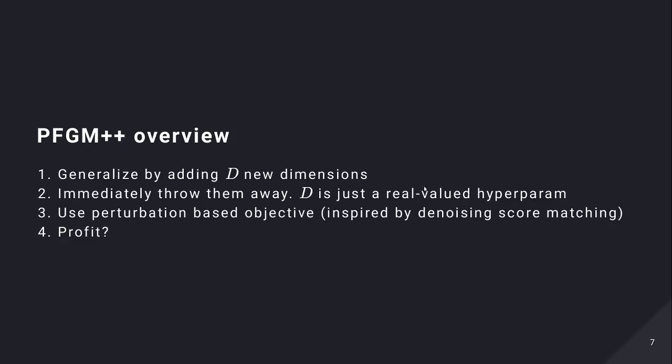Although I think in the paper they only use integer values, but in principle you could use arbitrary values of d. So yeah, at this point d is just a real valued hyperparameter, and you're not needlessly increasing the dimension of your model. And then on top of that, they change the objective. They use a perturbation-based objective inspired by denoising score matching, and the rest, as we'll see, is maybe profit.